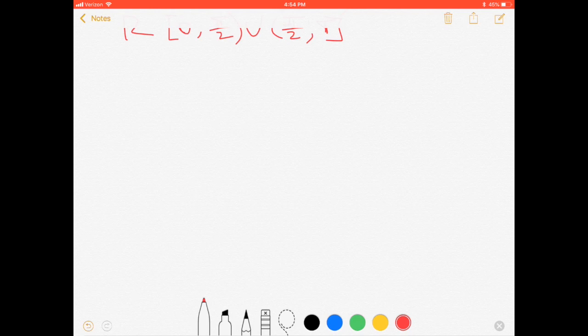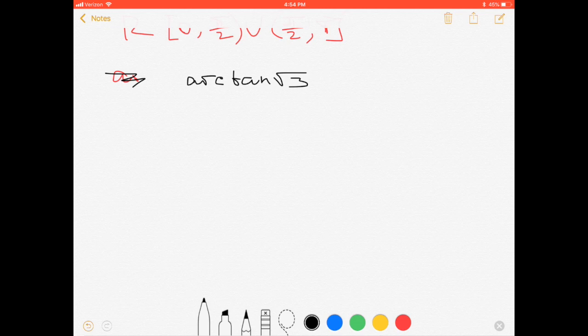Let's try doing something, how we can evaluate something. For example, what will be arctan of square root of 3?